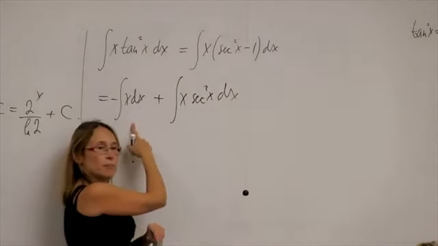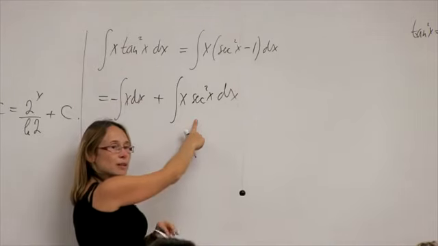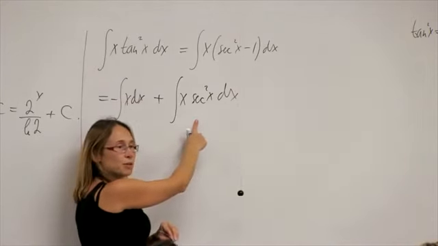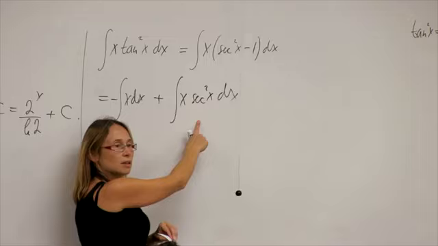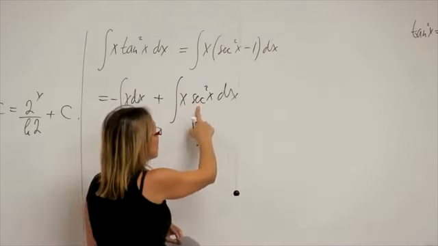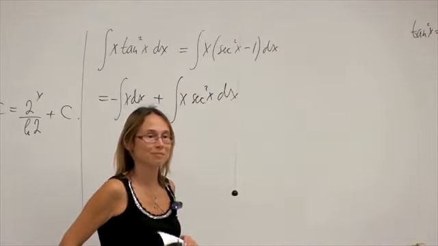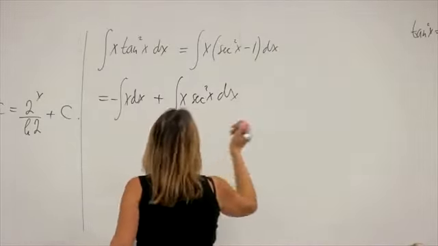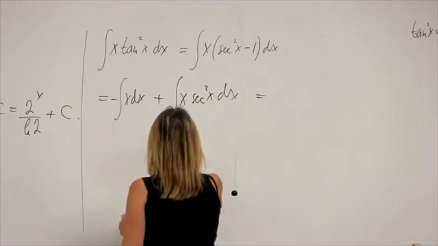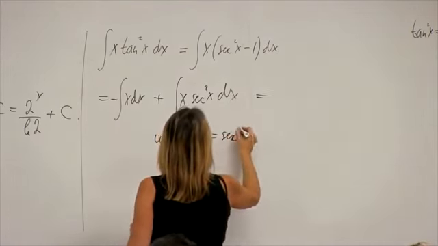This one is very easy. And this one requires a known and predictable method. What's the method? Integration by parts. Because secant squared is a derivative of something, right? So let's write it like this. u equals x, v prime is secant squared x.